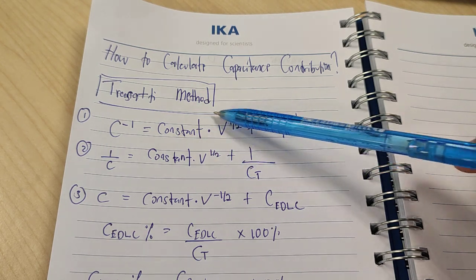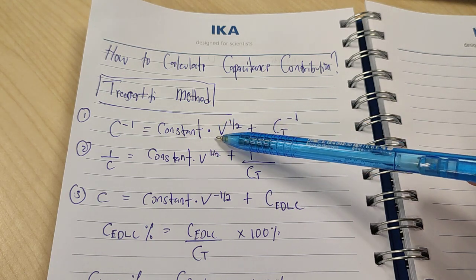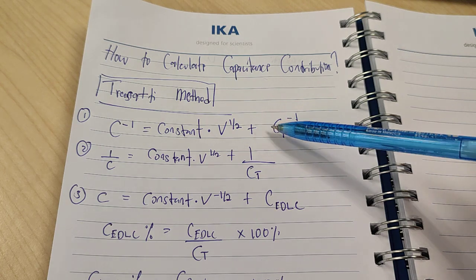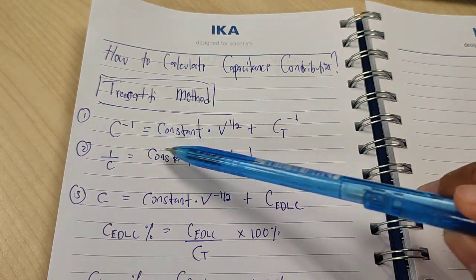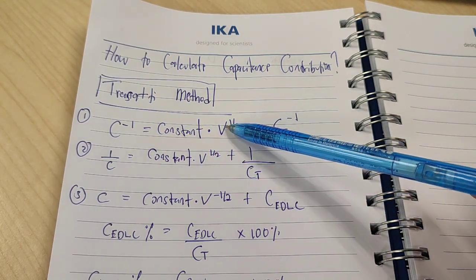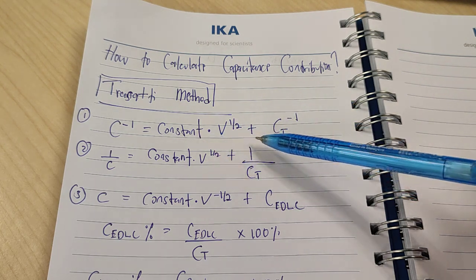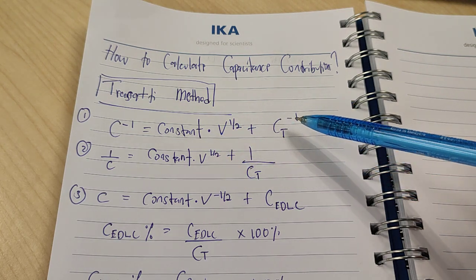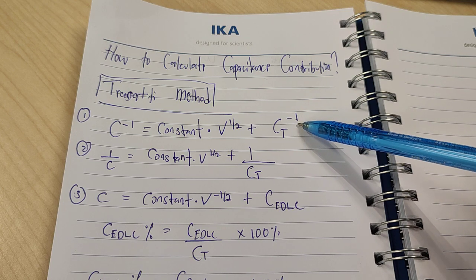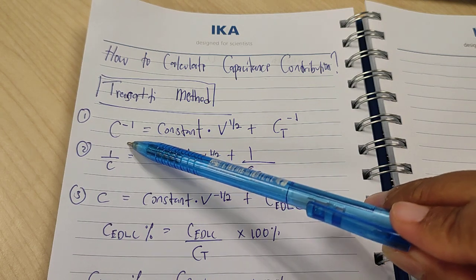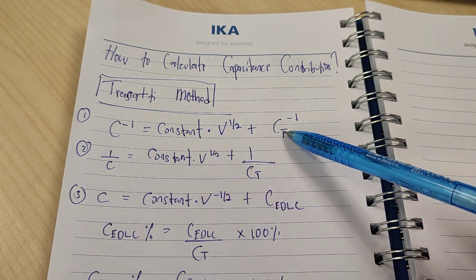This is the gradient, because this graph will mimic y equals mx plus c. Here y is C^-1, v to the power half is the x-axis, the constant is the gradient, and C_T^-1 is the y-intercept. So when we learn basic mathematics, it is y equals mx plus c.